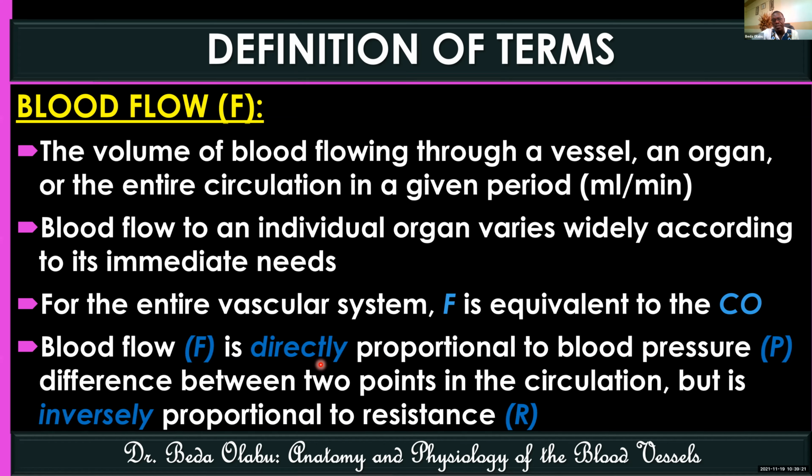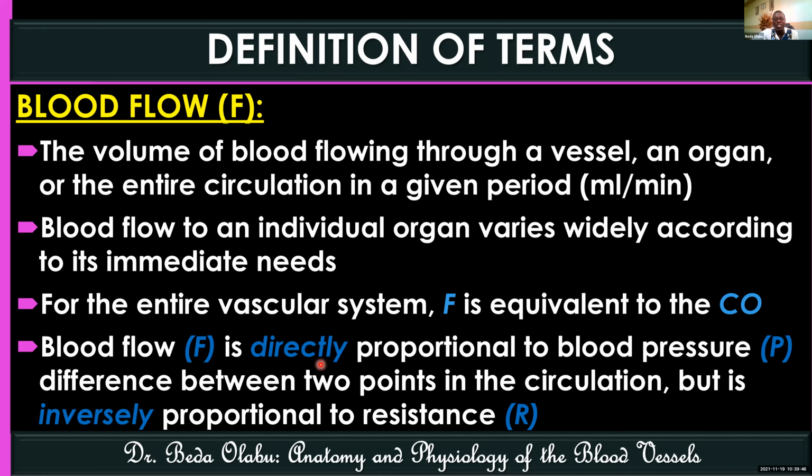Imagine the aorta and also the anterior tibial artery. So those are 2 points in the circulation. The blood flow between the aorta to the anterior tibial artery is directly proportional to the pressure difference between those 2 points.